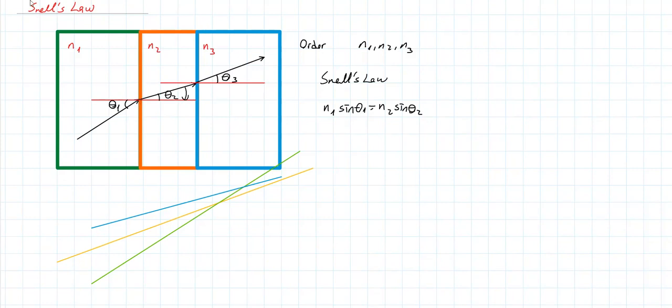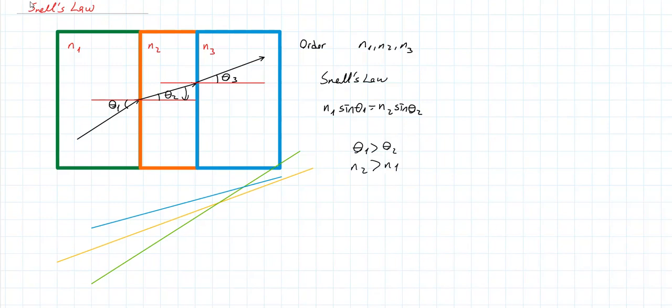Here, I can clearly see that theta 1 is greater than theta 2, and the ray gets closer to the surface normal compared with the first ray, the incident ray. Then I can say that if the angle is small, then the refractive index is high, so n2 is greater than n1.